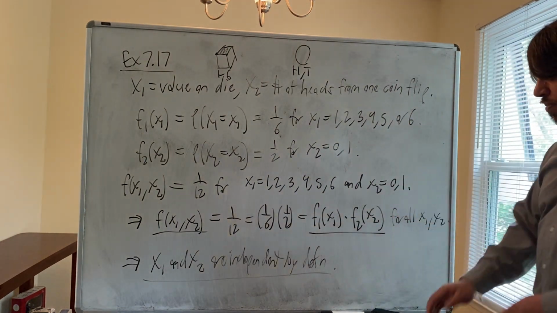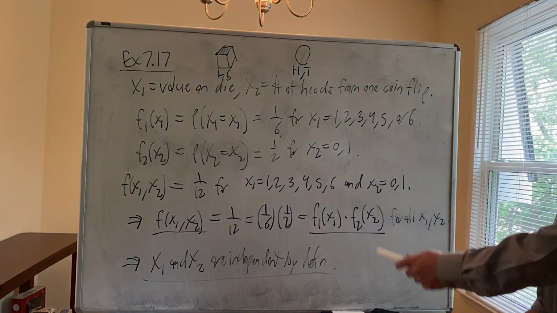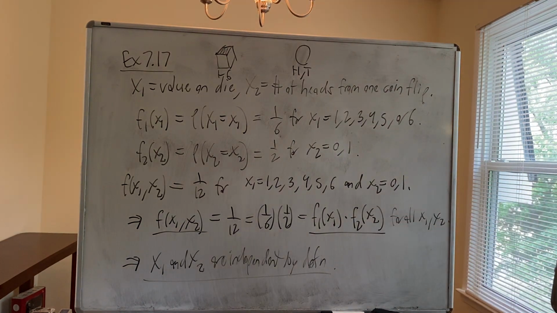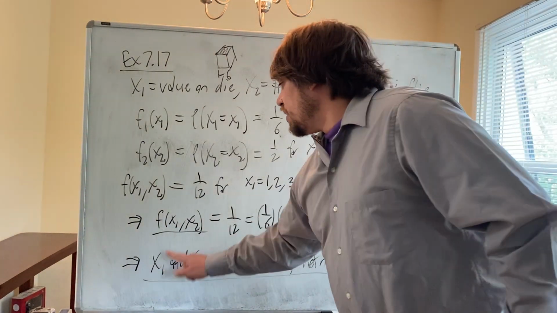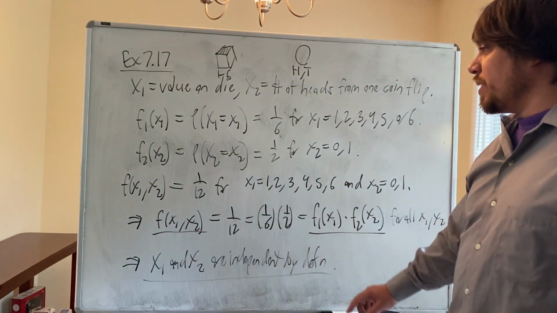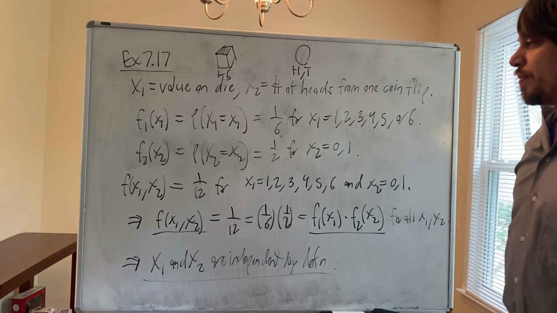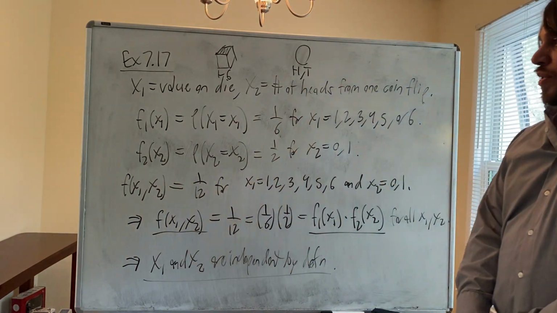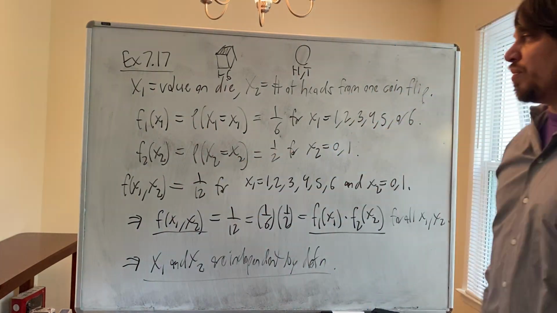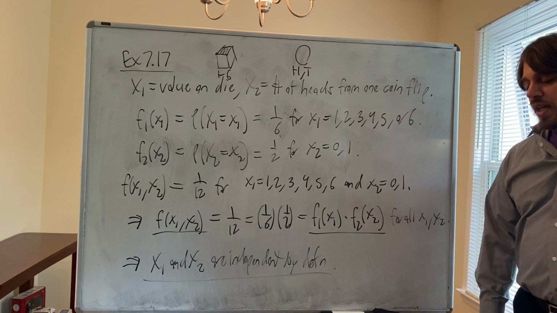By the definition on the last board, definition 7.8, that means that capital X1 and capital X2 are independent. Okay, so I tried to exaggerate with the capital and lowercase, right? This is capital, this is lowercase, this is capital, that's lowercase, capital, lowercase. The lowercase are for when you're denoting particular values of the random variable capital X1 or capital X2. Okay.